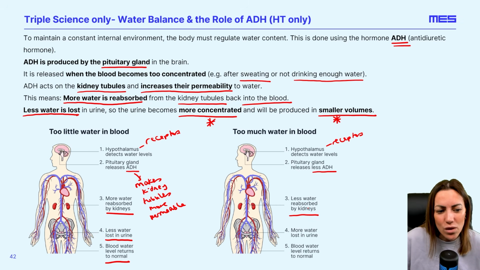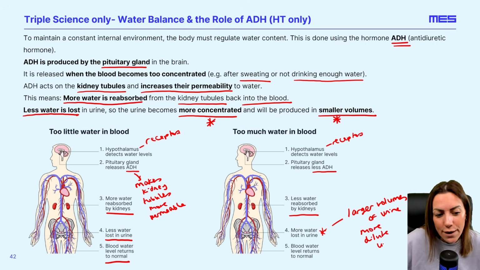And if less water gets reabsorbed from the kidney tubules back into the blood, that means more water would be in your urine. So you'd produce larger volumes of urine, and it would be more dilute urine, because you're trying to get rid of more excess water to return your blood water levels back to normal.